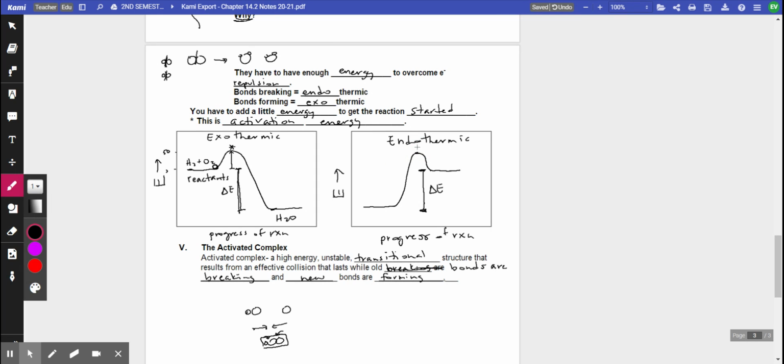And the asterisk is the activated complex. The highest energy point of the reaction, where it's this weird transitional thing. We have bonds breaking and bonds forming at the same time, and it's very unstable.